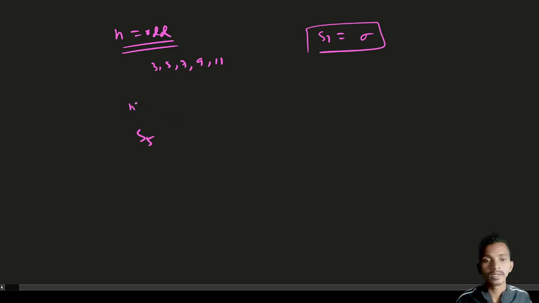So n equal to 5, S5, what will it look like? C5, because Sn is sigma times Cn, so this is into sigma, so at 1 I'll write S1.